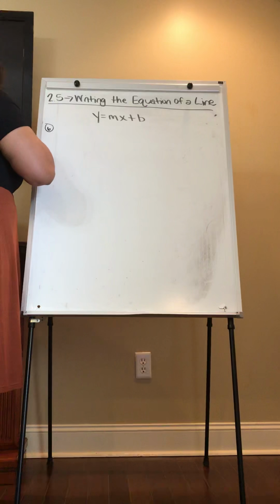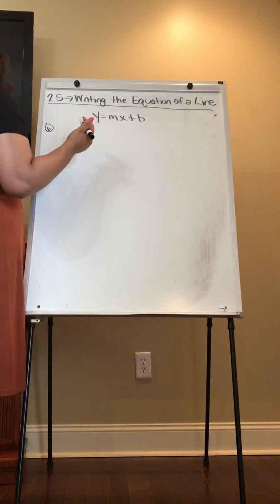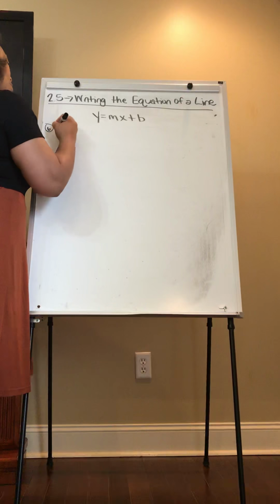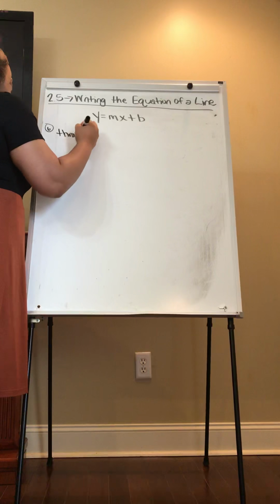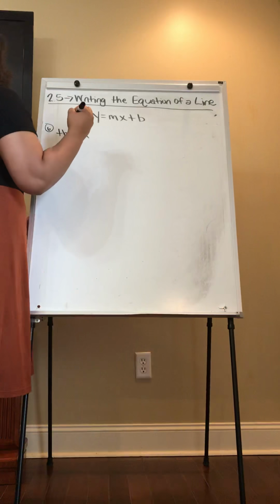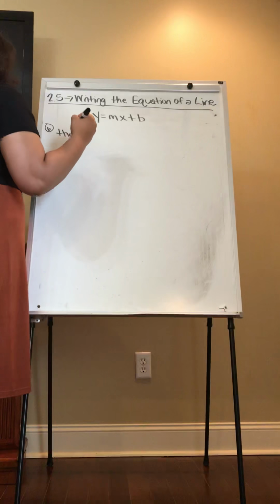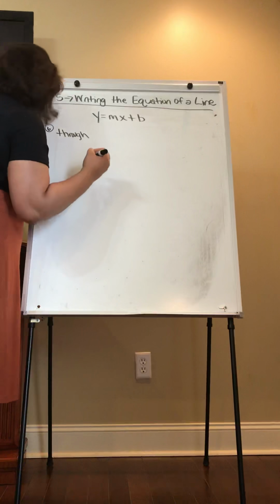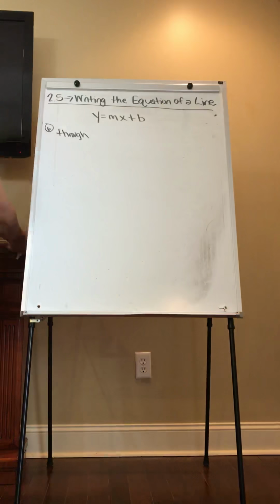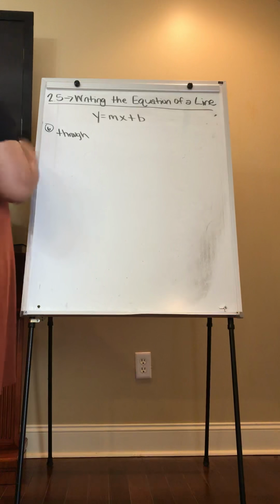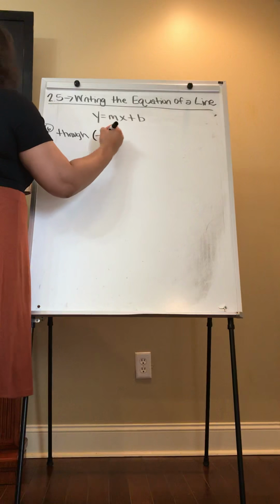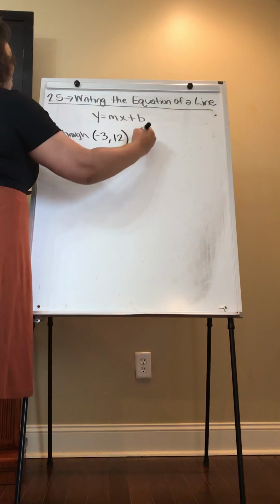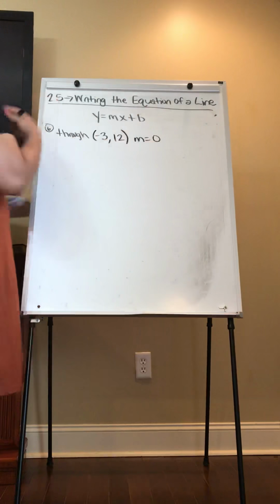Example 6. Write the equation of a line that's going to go through the point -3, +12, and the slope is 0.